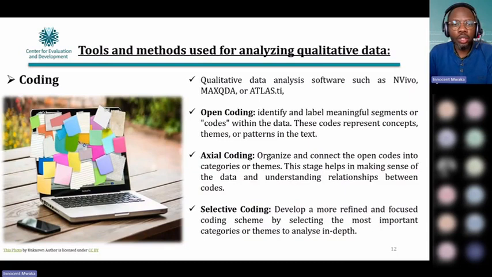Once you have this, you again look at the different codes, refine them, focus your coding, and see what kind of information you're trying to get out. Like I mentioned, it's iterative.